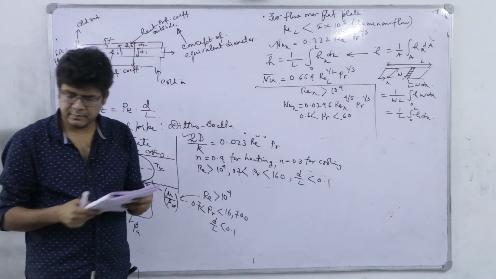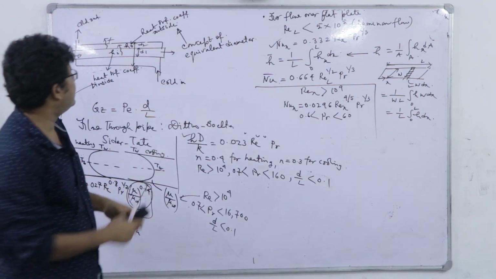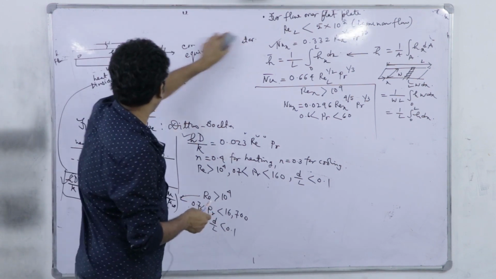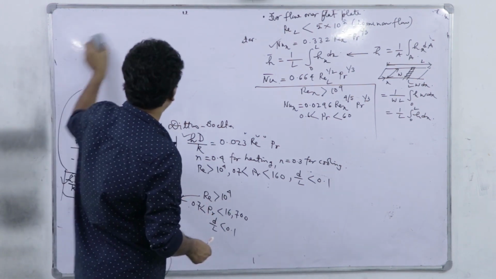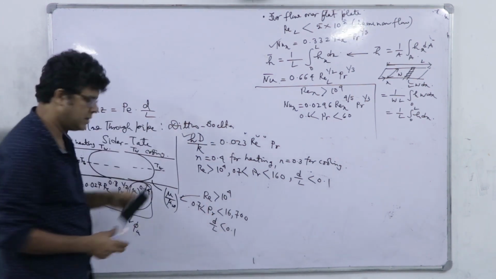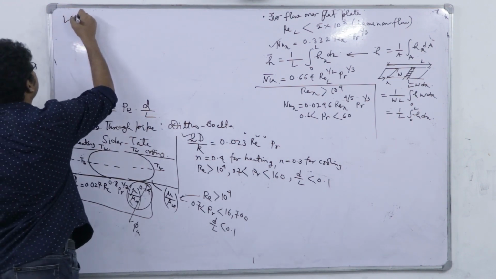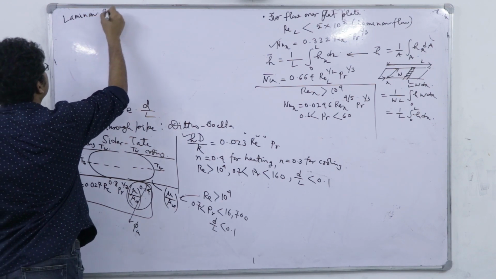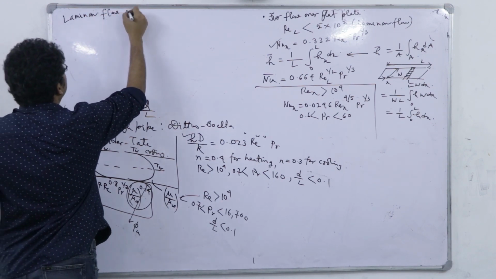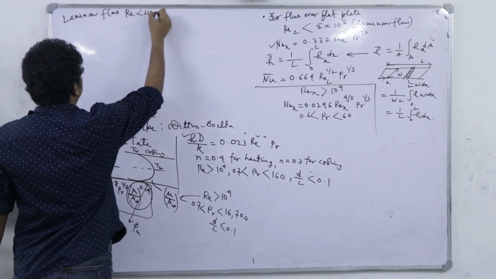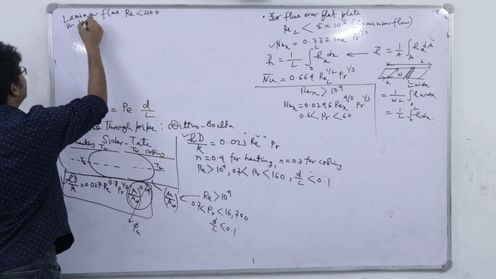And for laminar flow, we have equivalent Sieder-Tate equation for laminar flow as well. So here Re is less than 2100 in pipe.